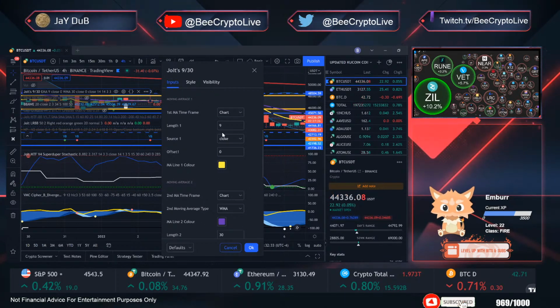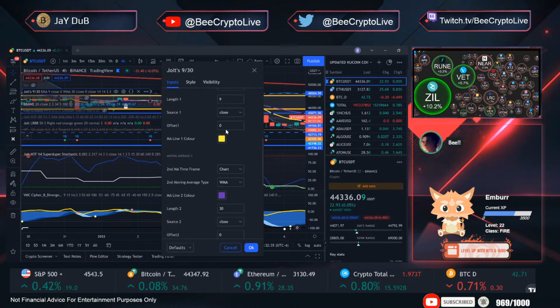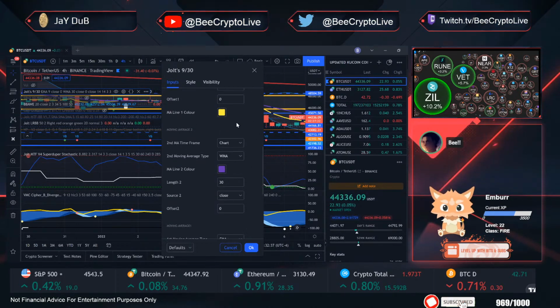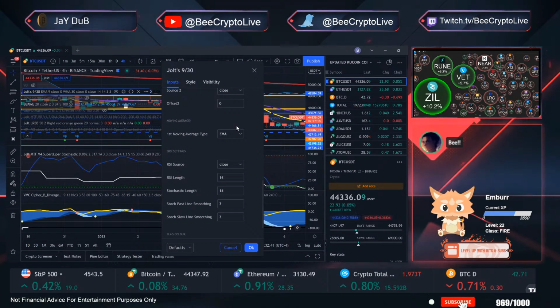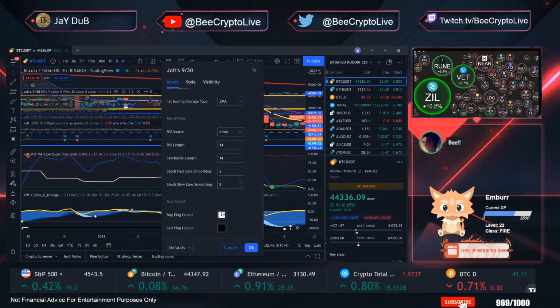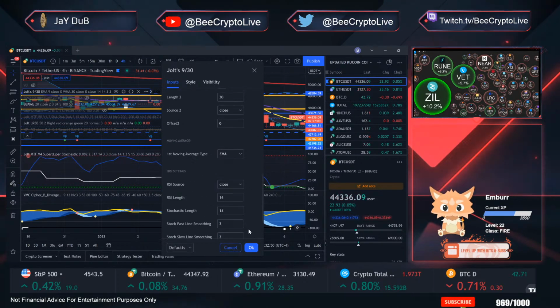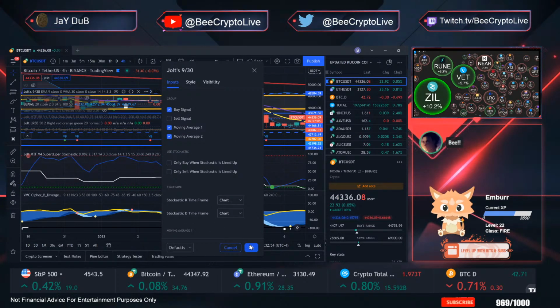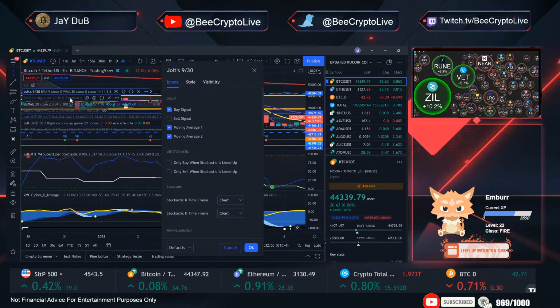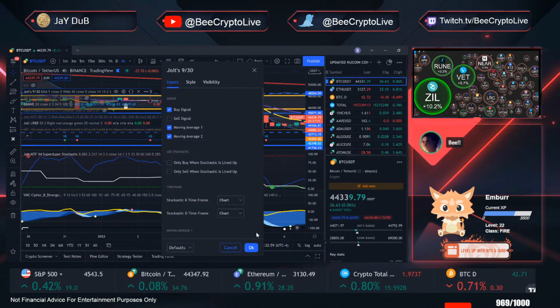So length 9, close, offset 0, WMA 30, first moving average, change it to EMA. Just change it all into this. Flag color change to white. Sell flag color change to black. So just put all these settings into Jolts, bees, and honey, and you'll get this indicator, which I've named Jolts 930.